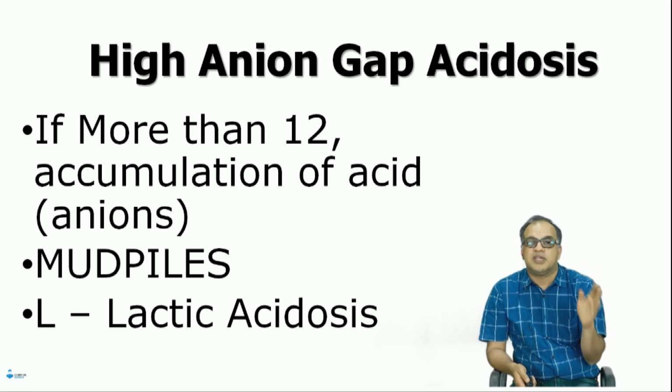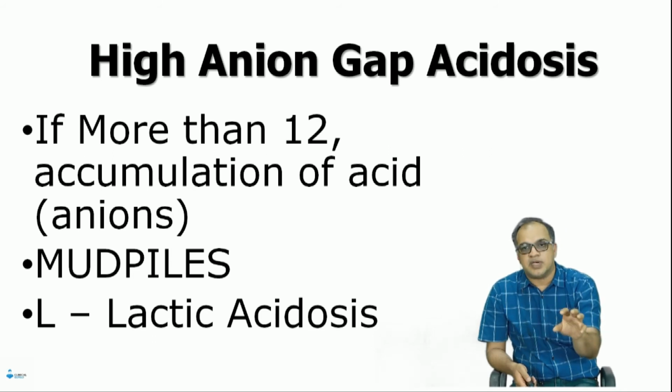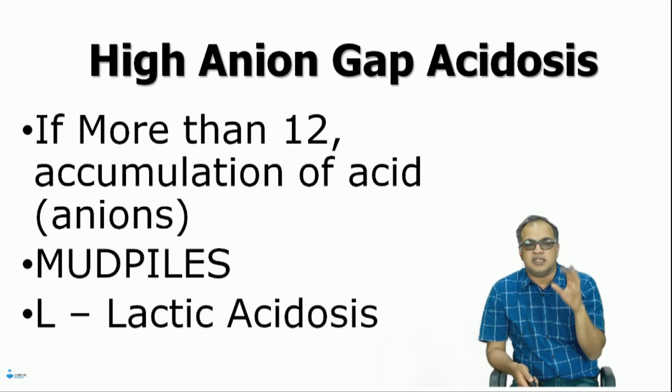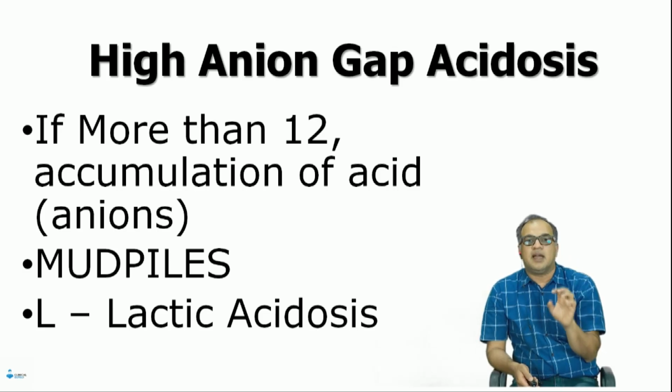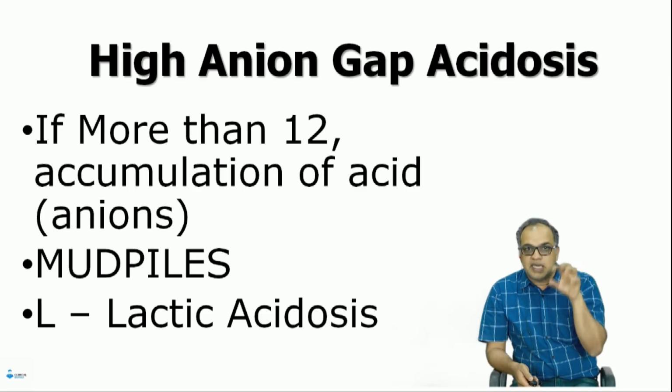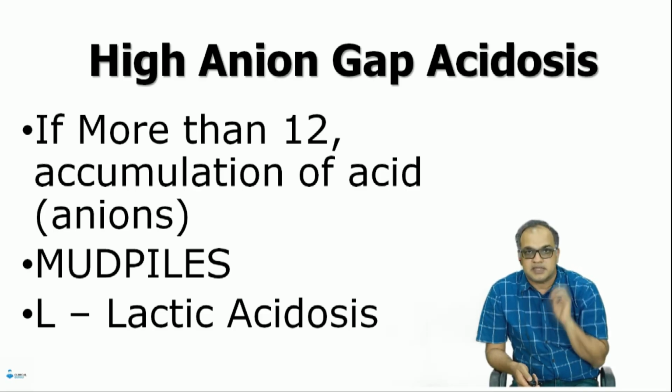If anion gap is more than 12, then there is some unmeasured anion added, which could be lactic acid, keto acid, and all these causes, mud piles, hippuric acid and ethylene glycol and other alcohols and salicylate and all these things. High anion gap acidosis has more than 12 anion gap, and it is because of increased unmeasured anions.